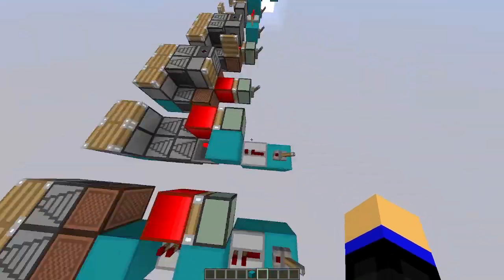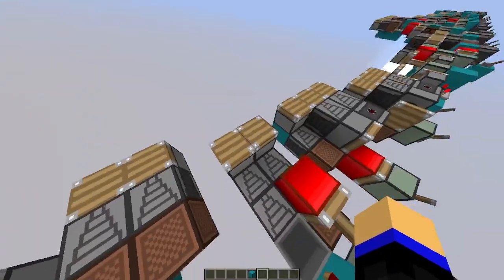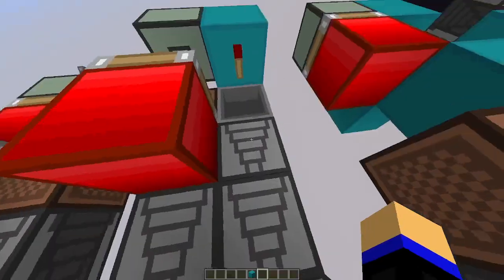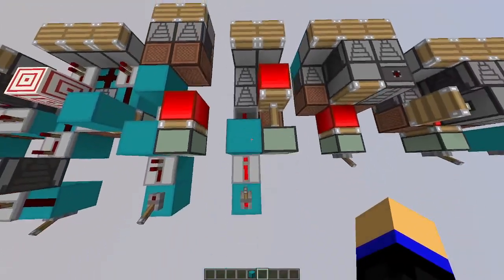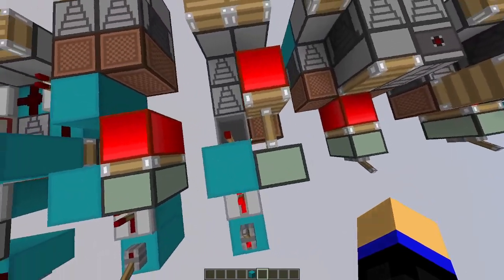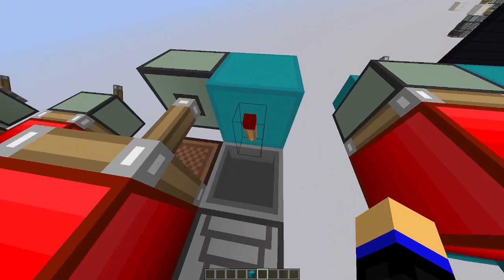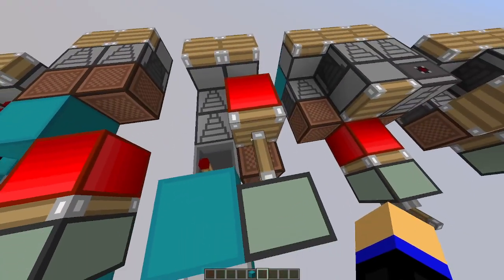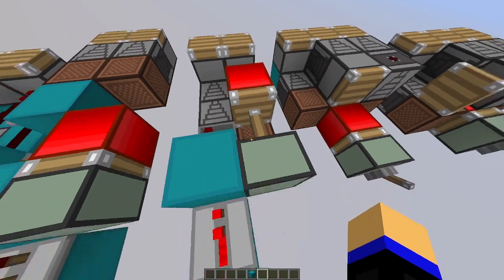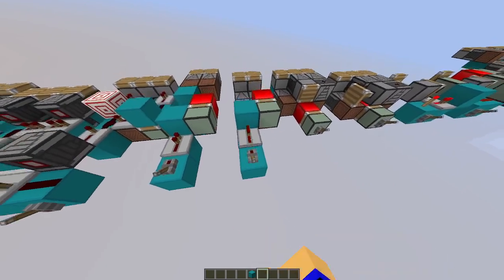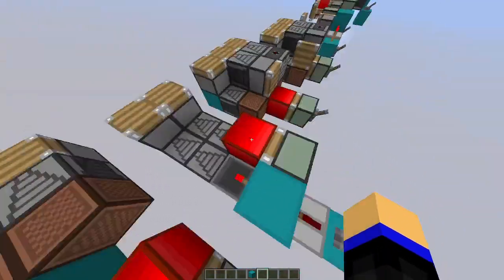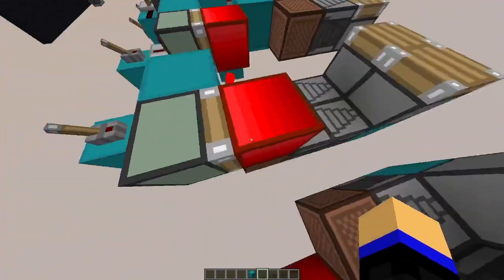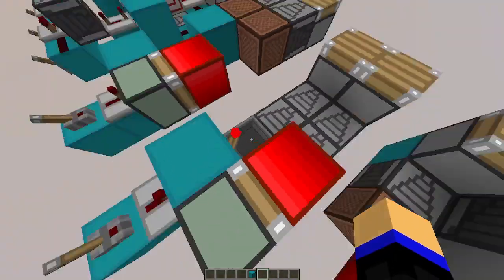Same for retraction actually, so we ignore the extension this time. So 2 observers here, 2 observers here, same timing, okay? Now this redstone torch, 1 tick or 2 game tick delay, this sticky piston retracting a redstone block, we don't know the delay yet, but then we can see by retraction, oh, they power at the same time. So 1 tick delay or 2 game tick delay must correspond to this sticky piston retracting the redstone block as the same timing.